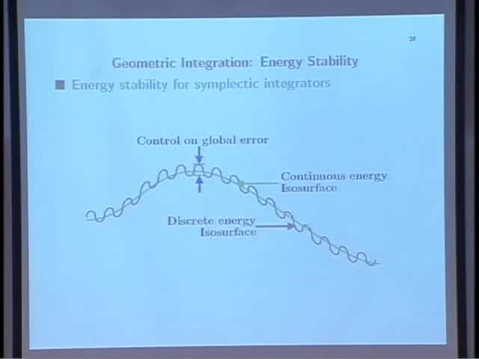This is a naive way of thinking about energy stability for symplectic integrators. You might have heard that symplectic integrators preserve the energy for exponentially long times. The idea is the following: if you have this green energy isosurface, which is the exact energy isosurface you want to stay on, what happens with a symplectic integrator is that it doesn't stay on this, but it stays on something which is perturbed.